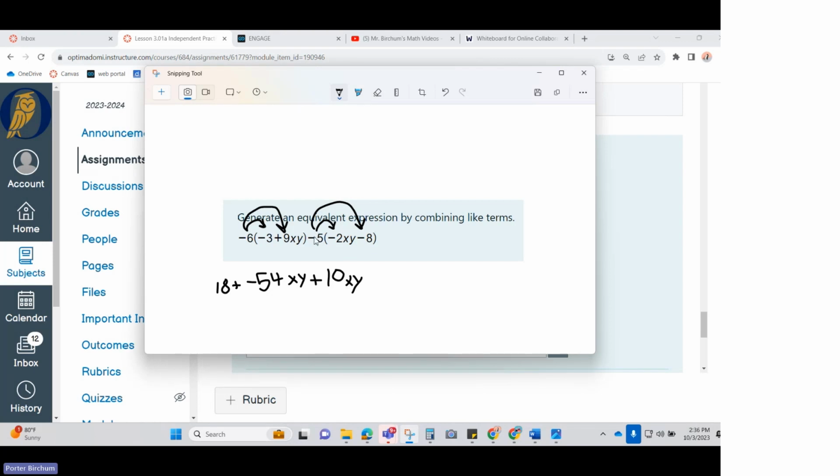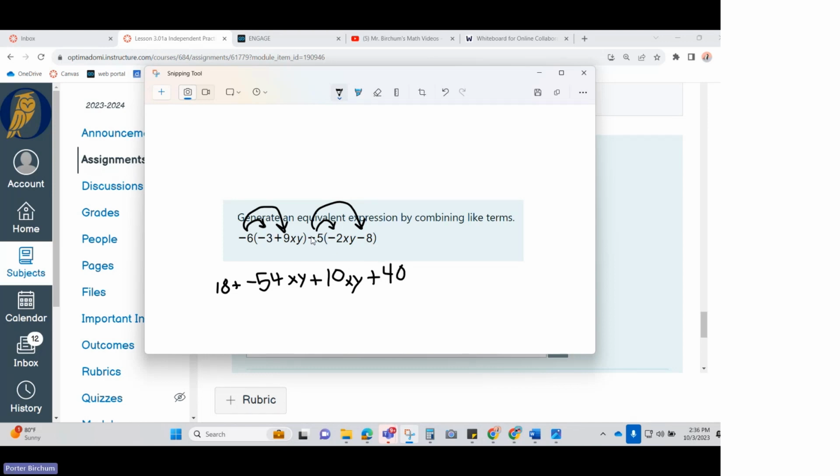And -5 times -8 is +40. A negative times a negative is a positive. So that would be +40.